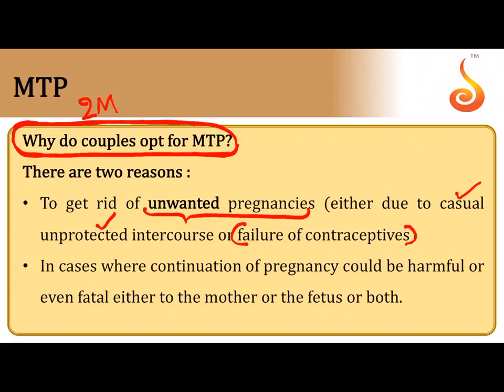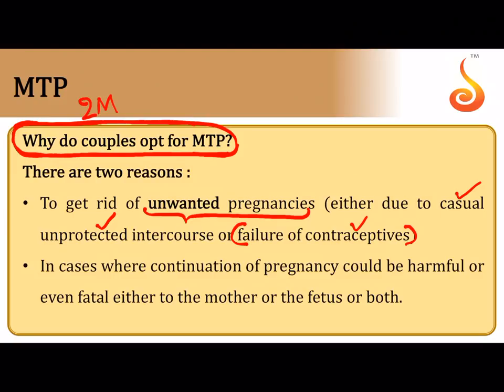So why would they want to terminate the pregnancy? Because the pregnancy is unwanted. How did such an unwanted pregnancy come about? Because of casual unprotected intercourse or because of failure of contraceptive.